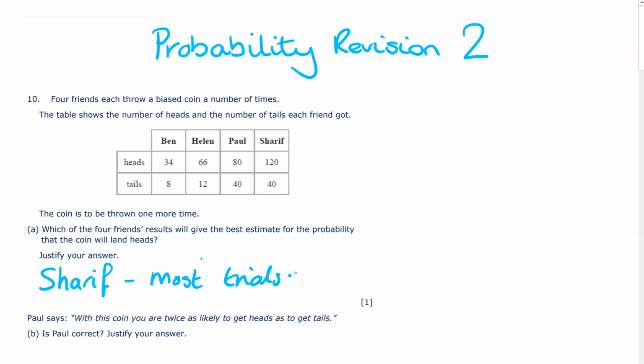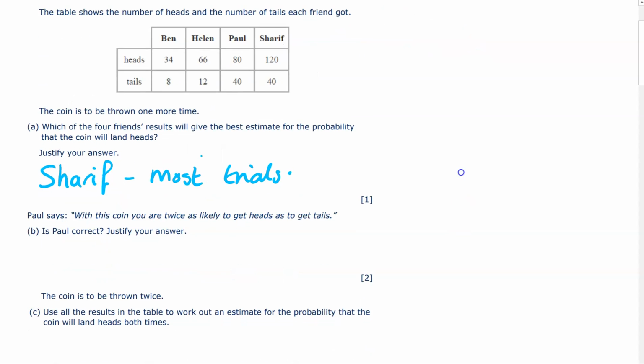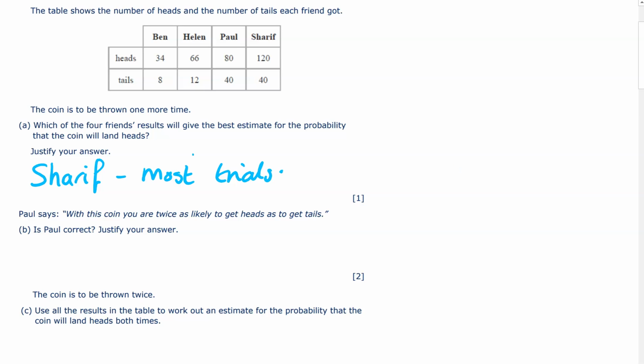Paul says, with this coin you are twice as likely to get heads as to get tails. Well, that's only supported by Paul's results, nobody else's. So is Paul correct? No. Only Paul's results show this.